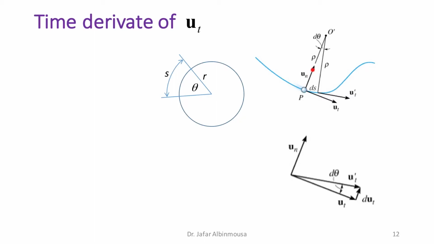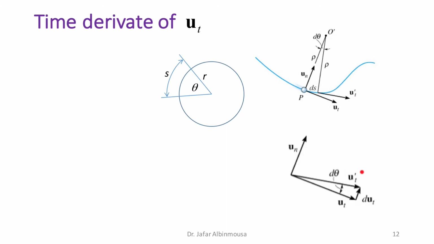And perpendicular to it, we have un, which is pointing toward the center of curvature. But after time dt, the particle moves to this position, where we have a different ut, which we call ut prime.